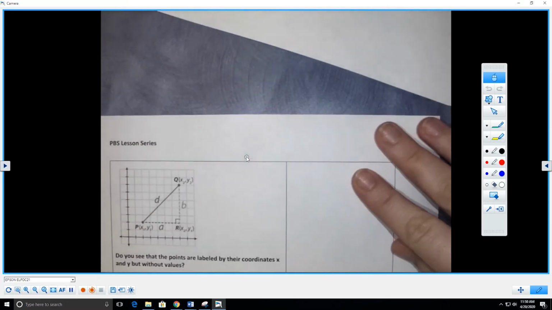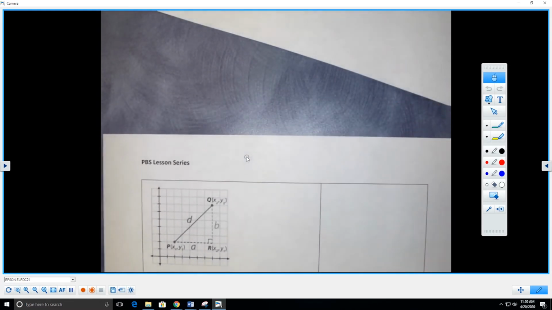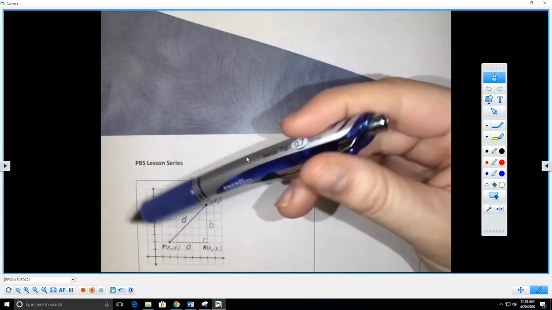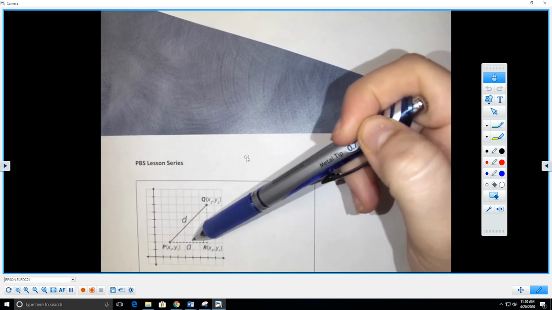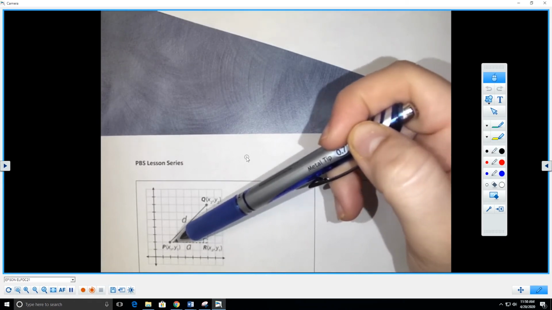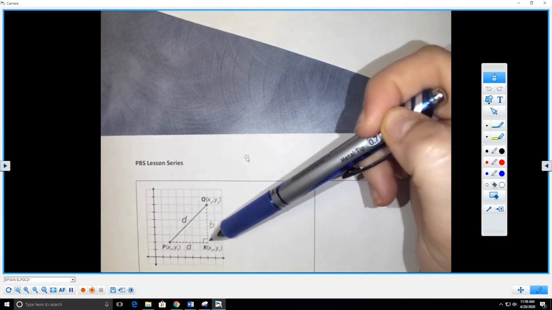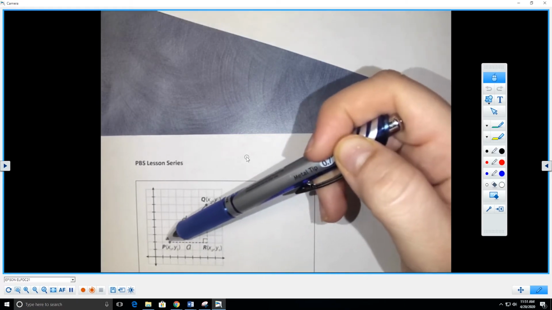So since line segment PR is a horizontal segment, its length is A. It's the difference between its x coordinates. Therefore, A is going to equal the distance between x2 and x1.